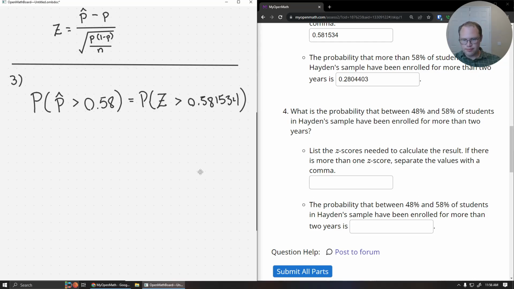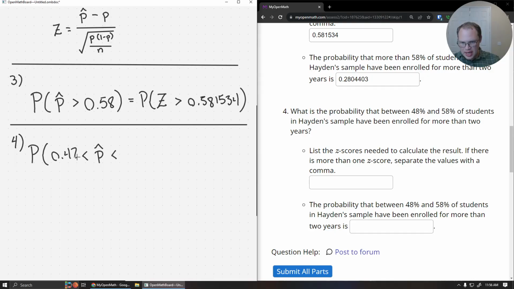Okay? One more calculation here. Number 4. What is the probability that between 48% and 58% of students in Hayden's sample have been enrolled for more than 2 years? So now we want to know the probability that the sample proportion p hat is between 48% and 58%.